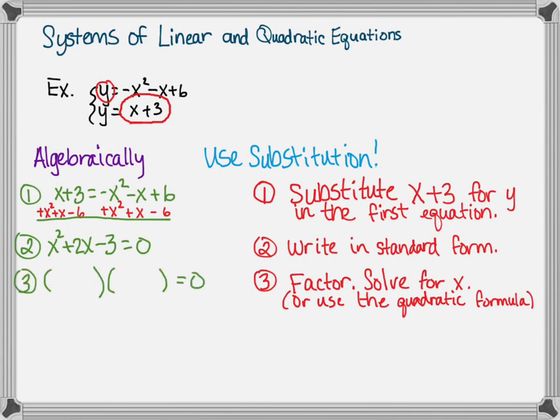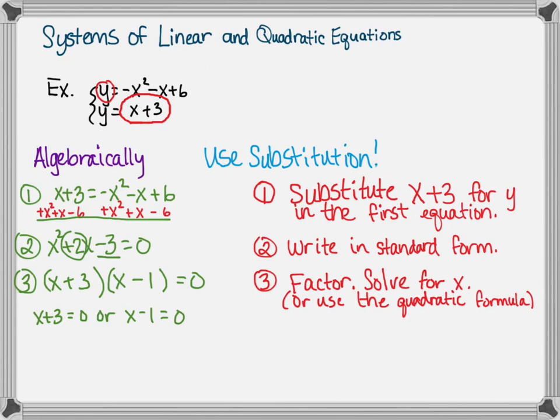So this does factor, so we'll factor it. And we're looking for numbers that multiply to negative 3 and add to positive 2. These will be positive 3 and negative 1, because 3 times negative 1 is negative 3, and 3 plus negative 1 is 2. Now we'll use the zero product property and set each factor equal to 0.